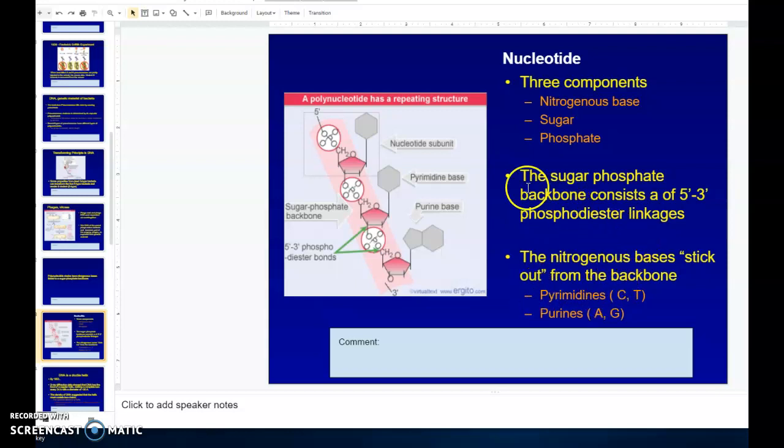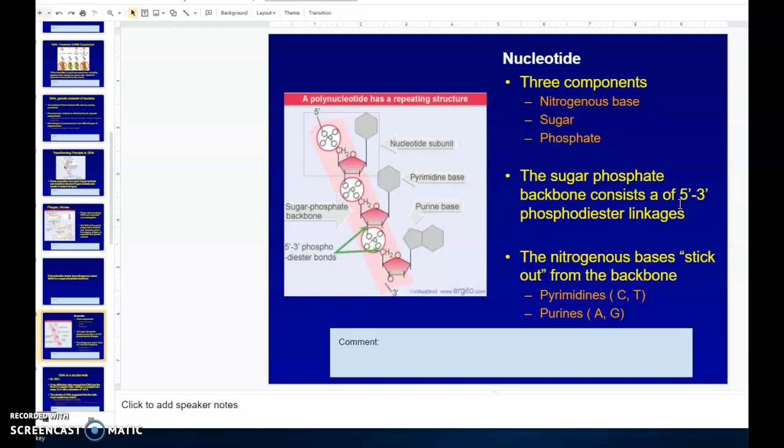Okay, so it says here that the sugar phosphate backbone consists of 5' to 3' phosphodiester linkages. What's it talking about there? It's talking about the bonding sites. 5' is the position.